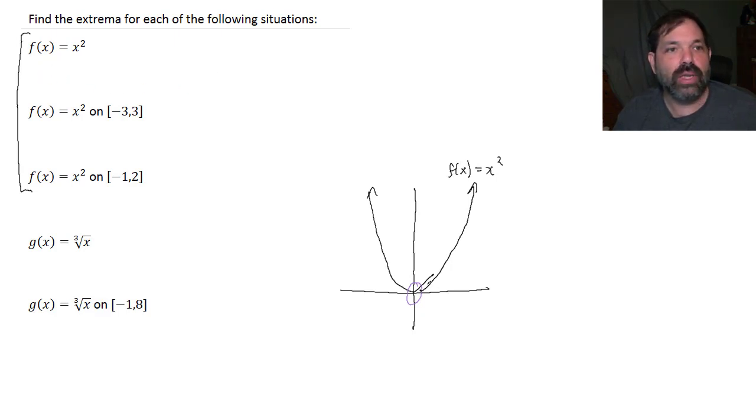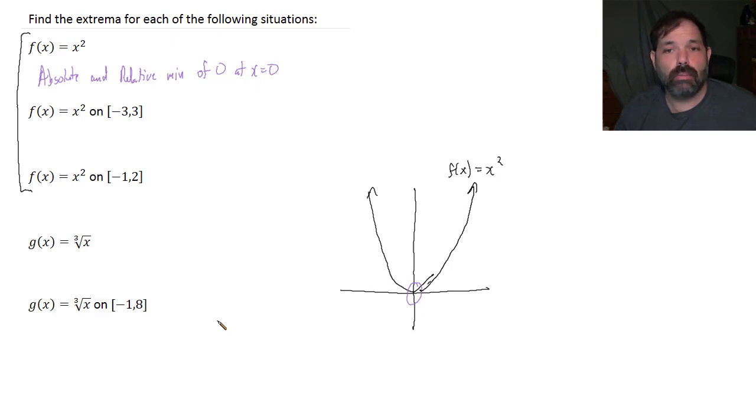So there is an absolute and relative minimum of 0 at x equals 0.